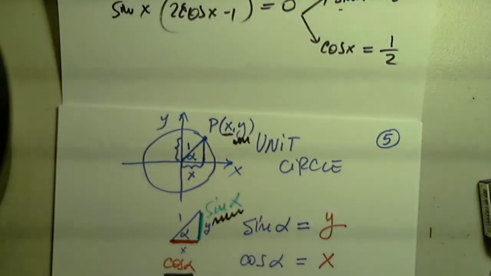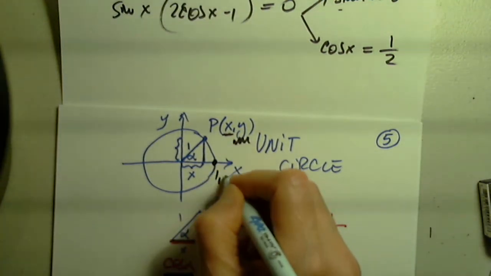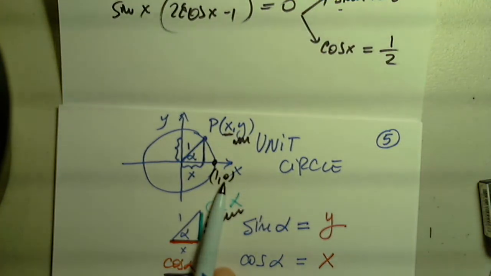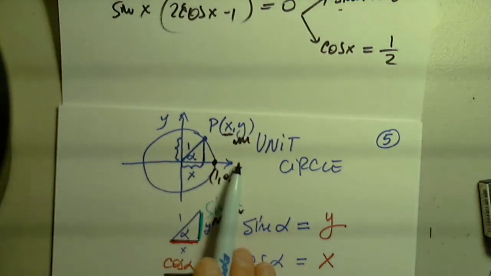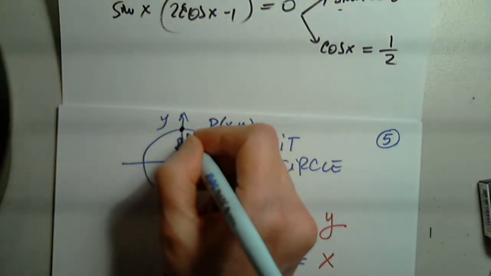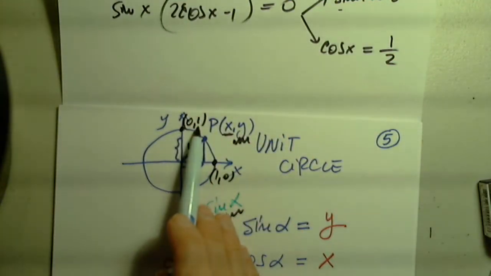of the angle. So if I look at this point and I know it's 1, 0, I know that this is cosine and this is sine. Cosine measured on the x-axis, sine on the y-axis. Right here for pi over 2, I know that this is 0, 1, which means cosine is 0, sine is 1.